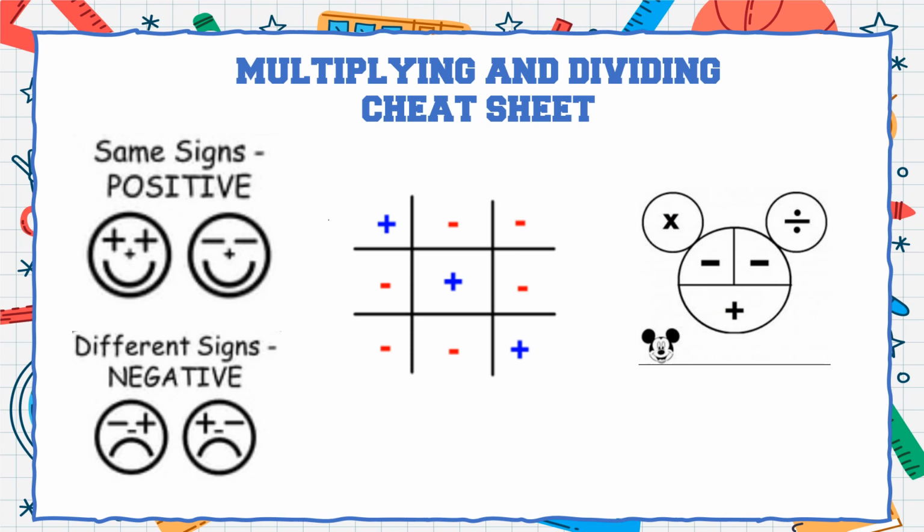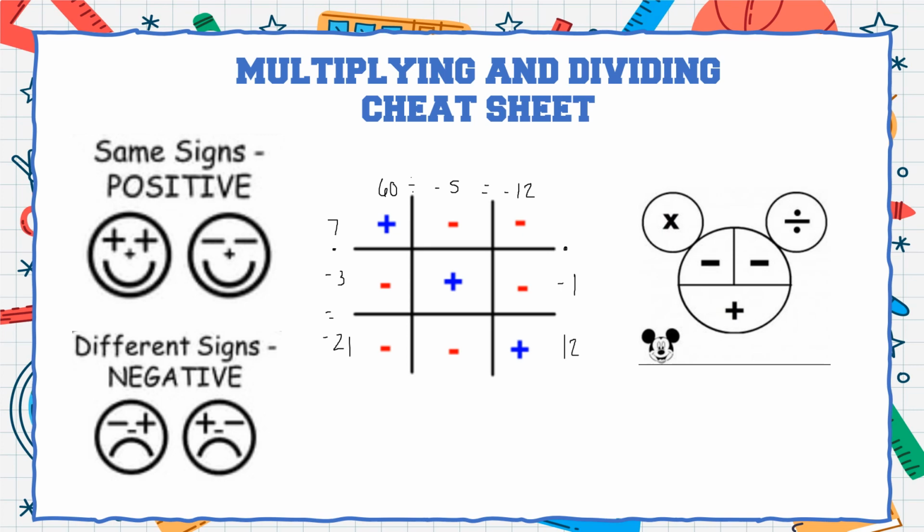So for example, a positive 7 times a negative 3 will be a negative 21. A positive 60 divided by a negative 5 will be a negative 12. But then if I go this way, a negative 12 times a negative 1 will be a positive 12.